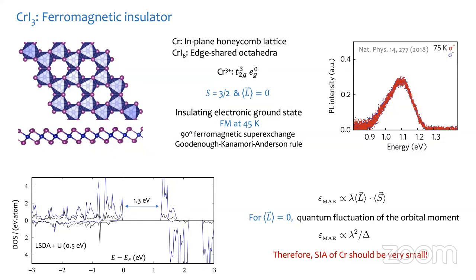So from this electronic structure, we understand that although there would be a single ion anisotropy at the chromium site, that's going to be very, very small. That one understands, and later on we will find out that calculation also gives the same picture.